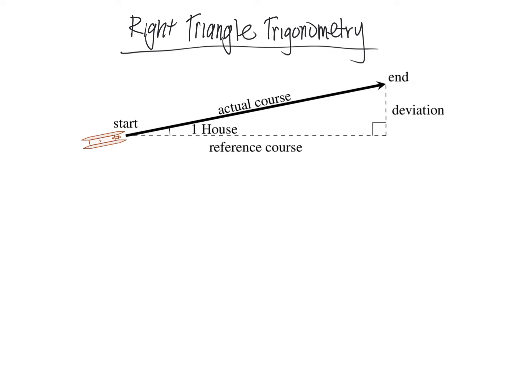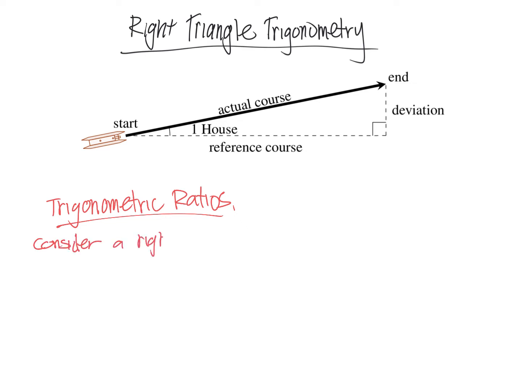So we'll begin by first talking about trigonometric ratios. Consider a right triangle with theta as one of its acute angles.